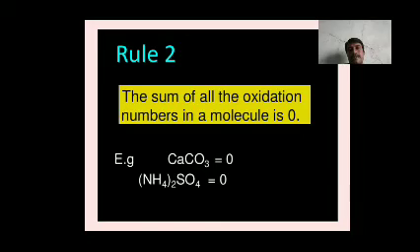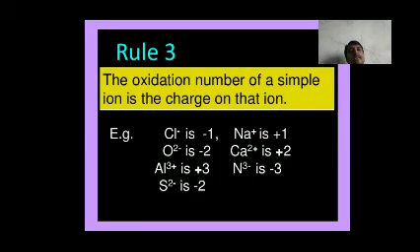Ammonium sulfate, (NH4)2SO4: 2 nitrogens, 8 hydrogens, 1 sulfur, 4 oxygens. The oxidation numbers total is equal to 0: 2N plus 8H plus S plus 4O is equal to 0.